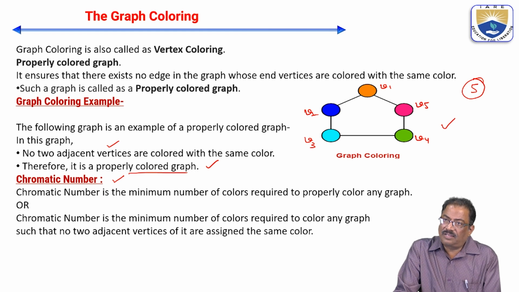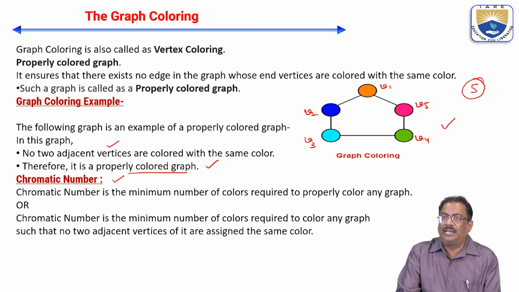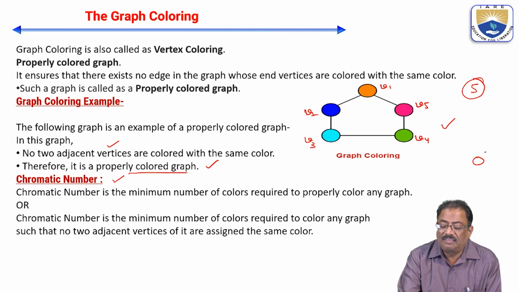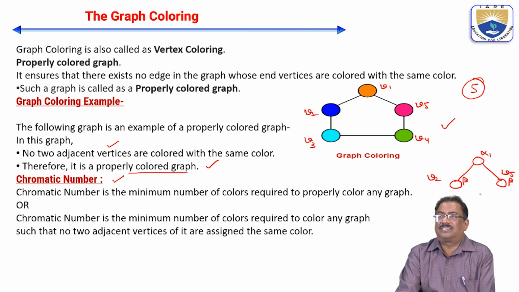Are 5 colors required to make the graph properly colored? I can use fewer colors. Let us say I take this as the alpha color, and it is adjacent to V2 and V5. So I am going to assign V2 and V5 a different color, since they are not adjacent to each other.